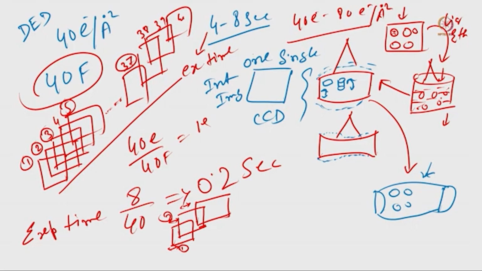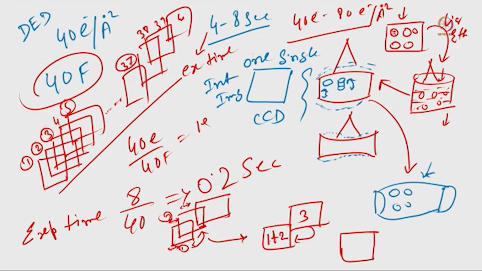Now, if I come back and first align 1 and 2 properly and get an integrated image, this is 1 plus 2 integrated image. Then my third frame is somewhere here. Now, I am aligning the third frame with this one and trying to get an integrated image, that is 1 plus 2 plus 3.